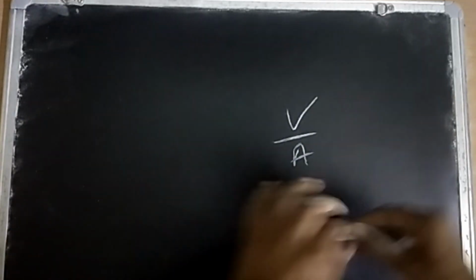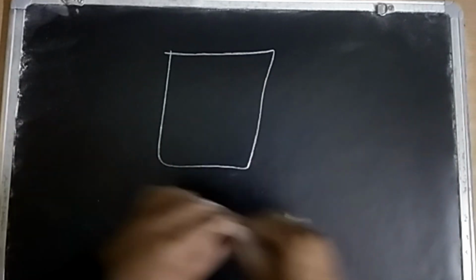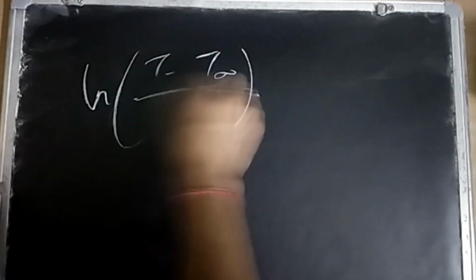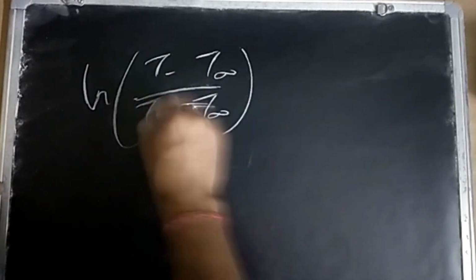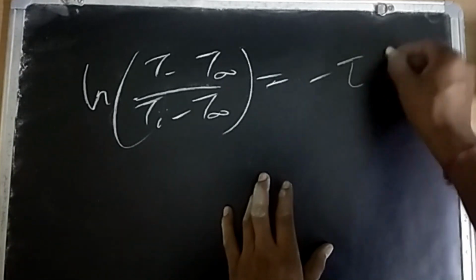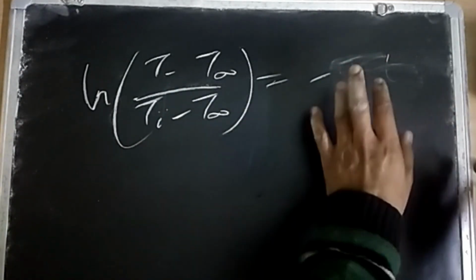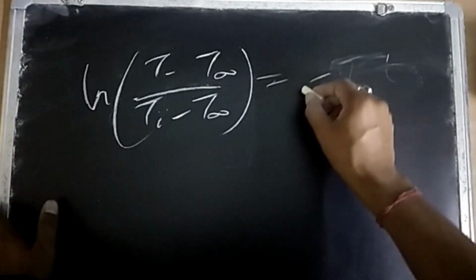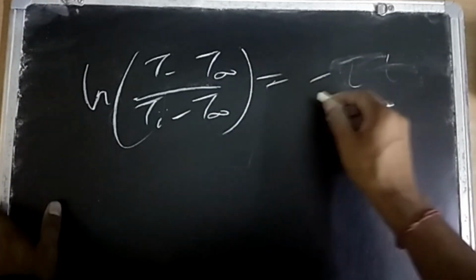Okay, you understood that. Next, one of the most important things: ln of that same term would be equal to minus tau into t. What we can also write it as is the Biot and Fourier numbers.